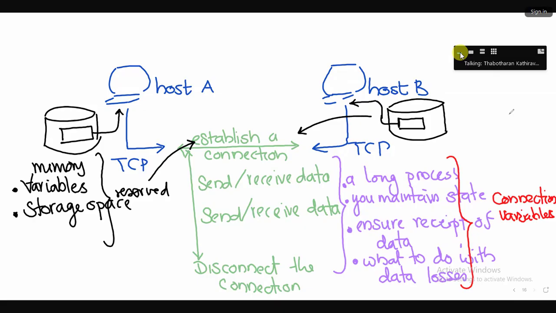When the data transfer is taking place, the data is exchanged here and there, variables are updated, memory storage is released and acquired, and at the end of the connection, all these are released, or we can say revoked by the operating system.